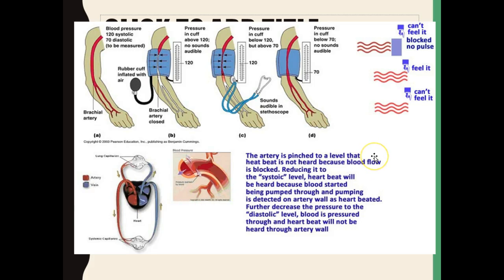How is blood pressure taken? A blood pressure cuff is put on the arm, and it is constricted to the point where there is no blood going through that artery. A stethoscope will be placed here so the sound of blood going through the artery can be heard. The pressure will slowly be released until the point where blood starts to come through.